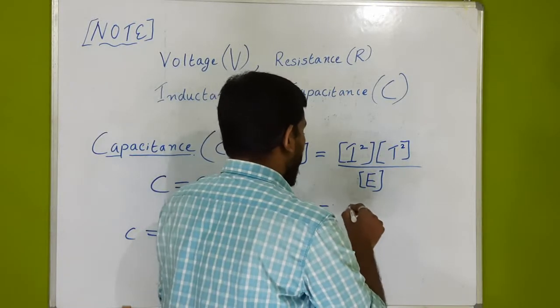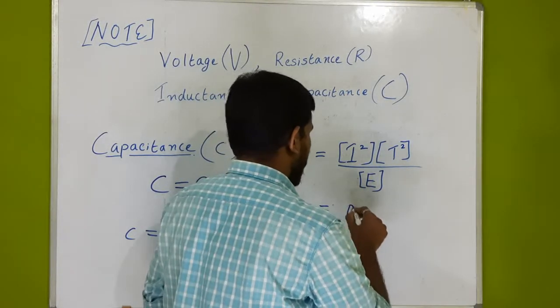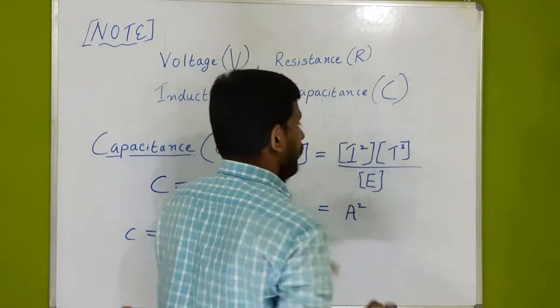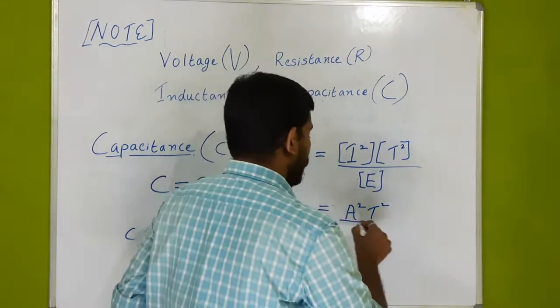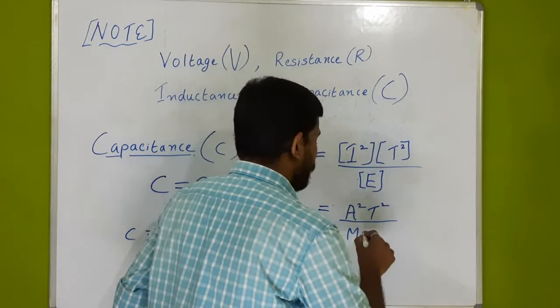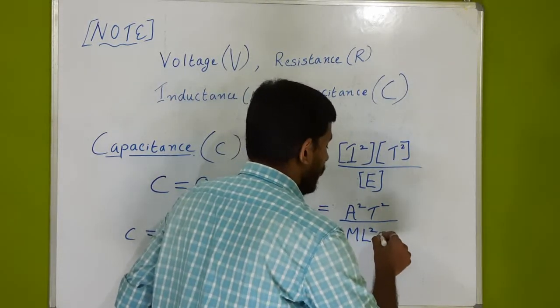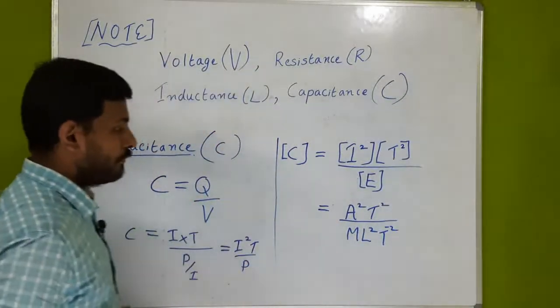And we have I square, and we have time, t square itself, and for energy the denominator we have m l square t raised to minus 2.